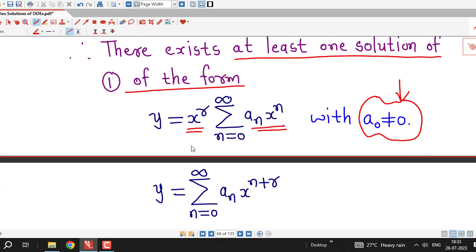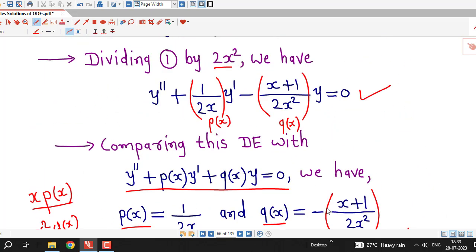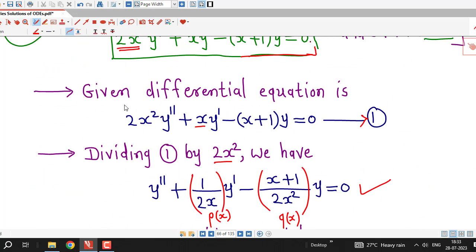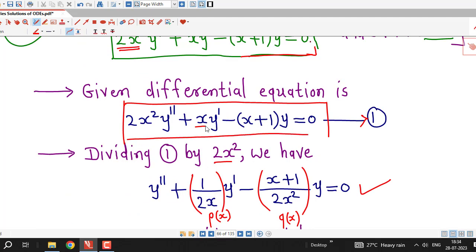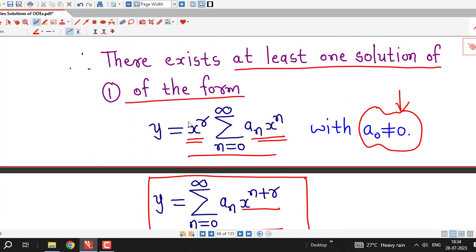This I can rewrite as Σ aₙ x^(n+r), n = 0 to infinity. Now it is clear that this y is a solution of the given equation, therefore it will satisfy equation number 1. In equation number 1 we have first and second order derivatives, so we have to find y' and y''.